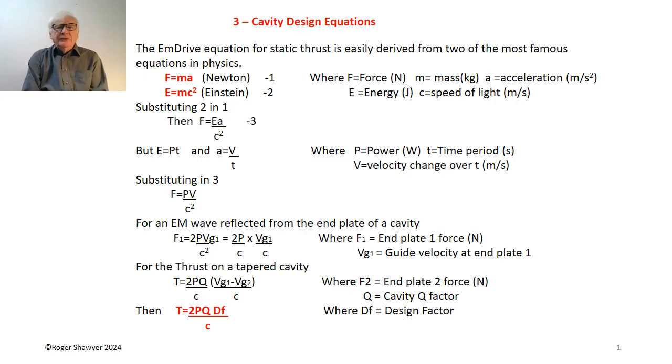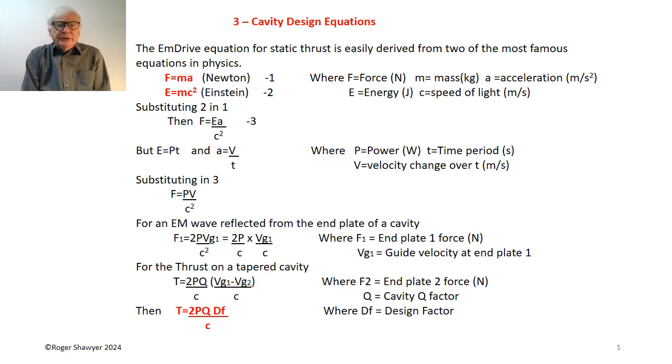And if you take these two equations and you substitute equation 2 in equation 1, you will get that force equals EA over c squared. That's force is the energy times the acceleration over c squared.